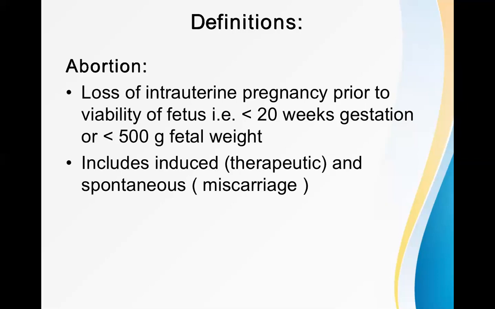This is a very common term, miscarriage or abortion. Usually if we take the weight of that baby, it is less than 500 gram, but it is not an important part of the definition. You just remember the duration, less than 20 weeks. If there is a loss of pregnancy, then it is called abortion.